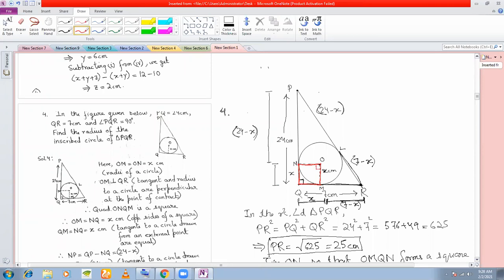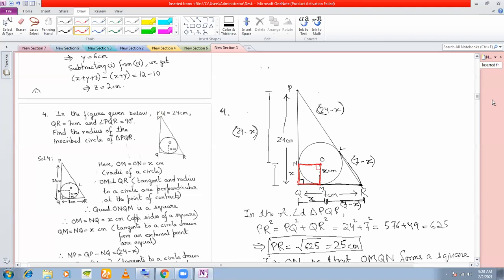Understood? You go to the first video that I have made, and I have shown how to show that this is a square. Although you don't have to show, even if you state here that it's a square, it will do. But I have shown you there how to prove that this is a square. Okay, so you can go through that video.